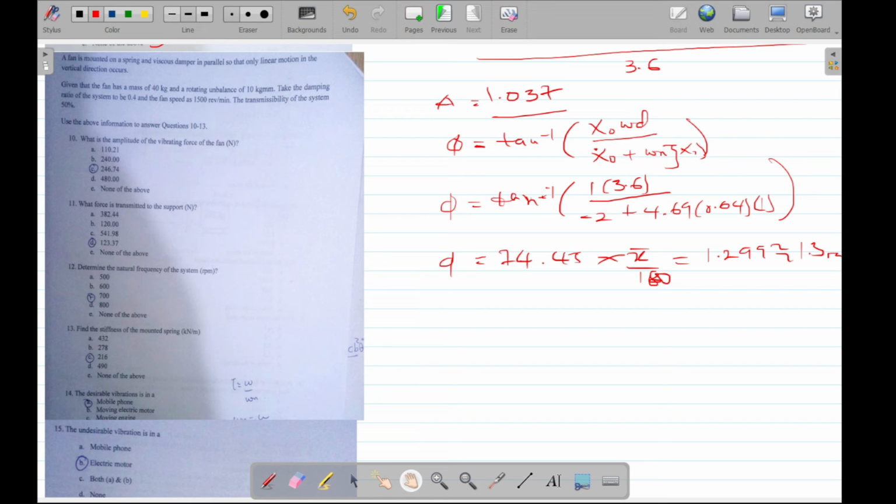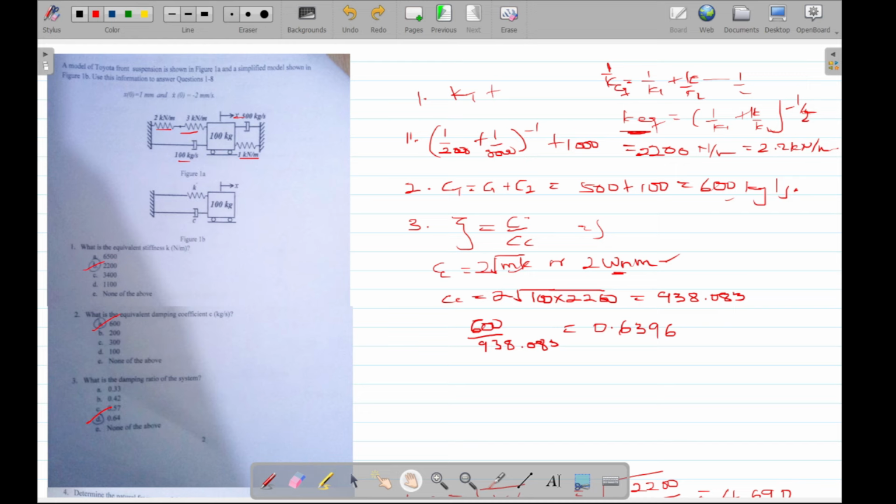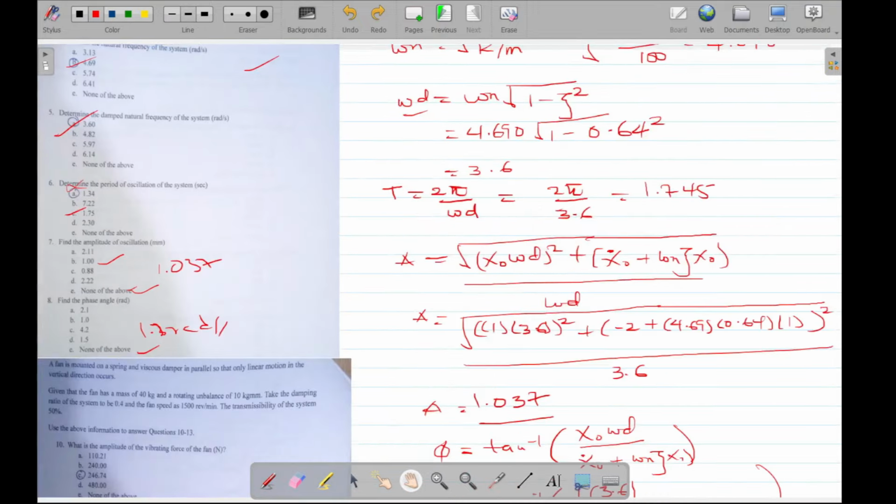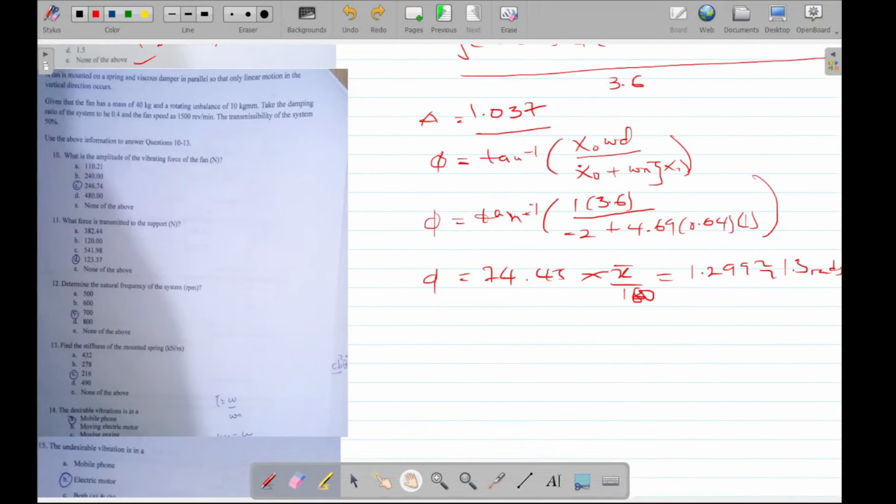Okay, so we have a problem of rotation of unbalanced masses. So let's see how we go about that. Okay, so I've used up my space. I want to clean apart.